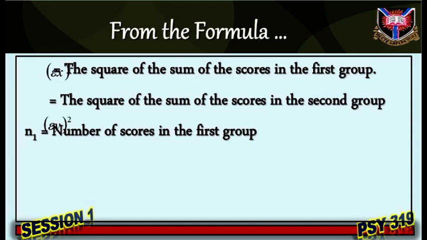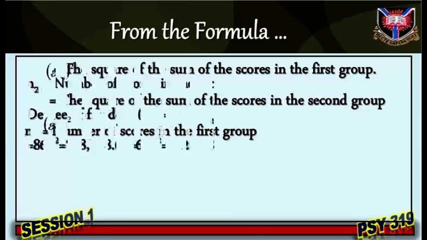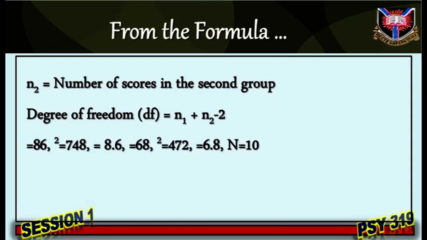Summation x in brackets squared is the square of the sum of the scores in the first group. Summation y in brackets squared is equal to the square of the sum of the scores in the second group. N1 is equal to the number of scores in the first group. N2 is equal to the number of scores in the second group. Degrees of freedom is equal to N1 plus N2 minus 2.